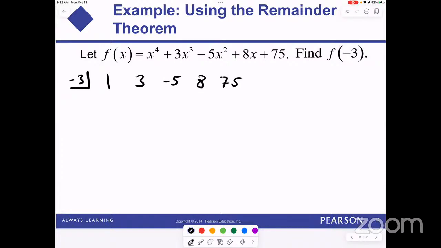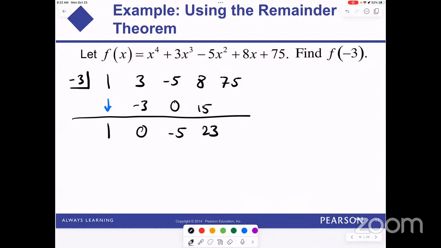If we do synthetic division, remember the first one just comes down. On the diagonal, we multiply, so that's going to be a negative 3. Vertically, we add. Then we multiply. We add. We multiply. We add, what is that, 23?